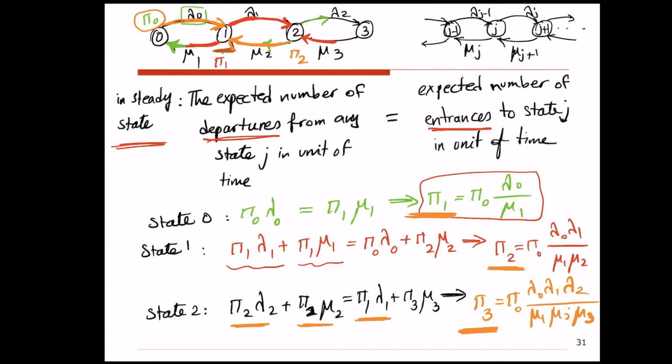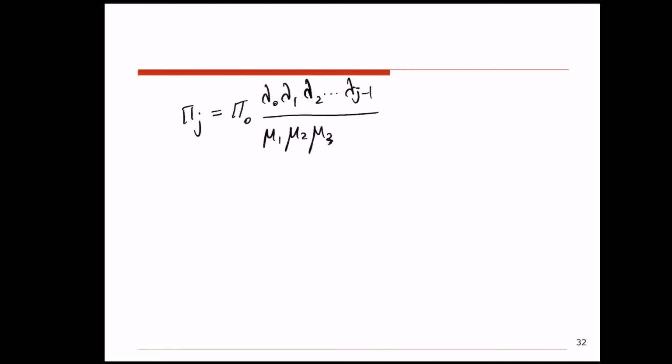So if I just continue this finding for each state, this is the general formula that I can write. For any state j, I can write that pi j is going to be pi 0 multiplied by lambda 0, lambda 1, lambda 2, all the way to lambda j minus 1, over mu 1, mu 2, mu 3, all the way to mu j.